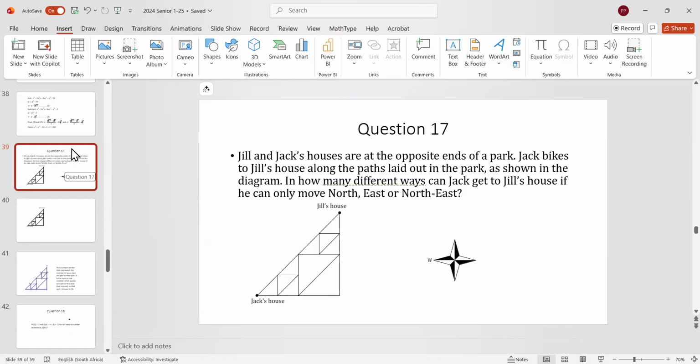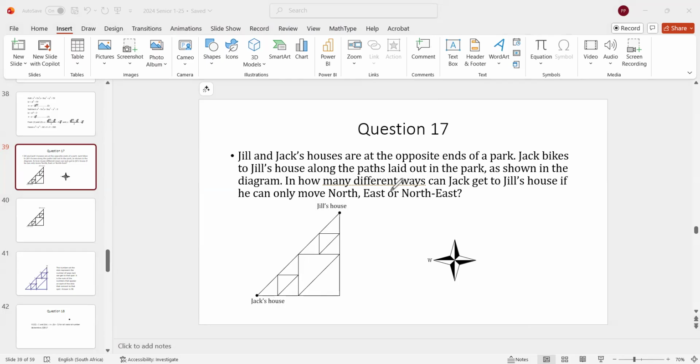Okay, Jill and Jack's houses are at opposite ends of a park. So okay, there's Jack's house and Jill's house. And Jack bikes to Jill's house along the paths laid out in the park. So you can go directly like that, or you can go like that, or you can go straight down like this.